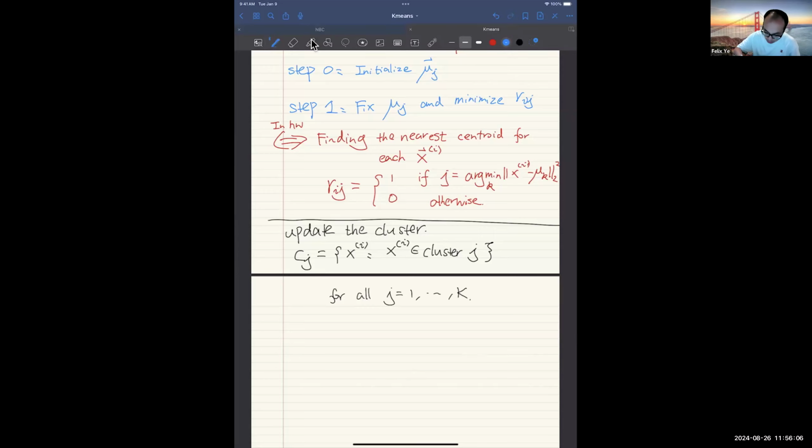Then step 2, we are going to do this whole process alternatively. That means I'm going to fix Rij and minimize over mu j. Okay, so we do this alternatively.